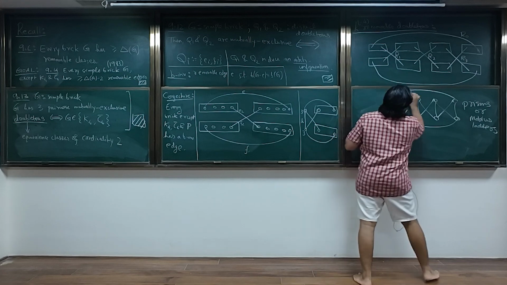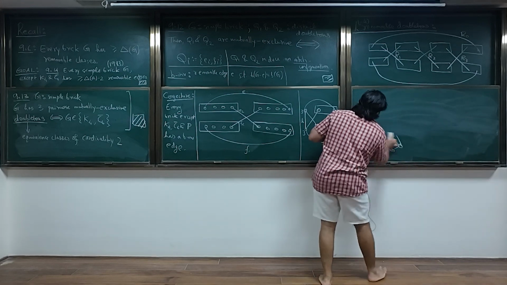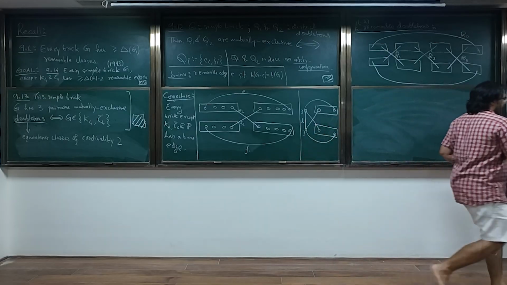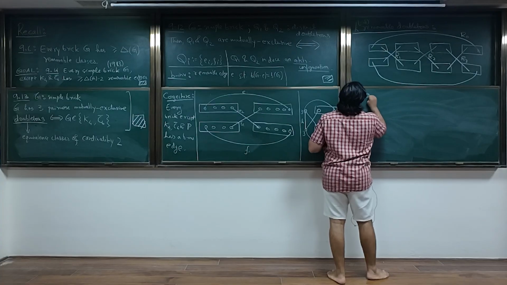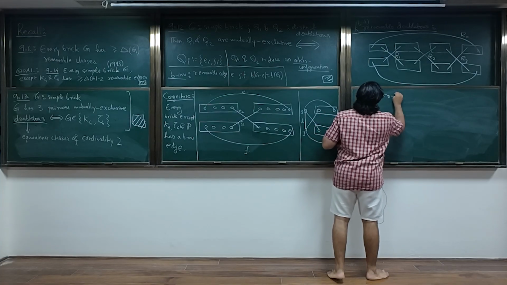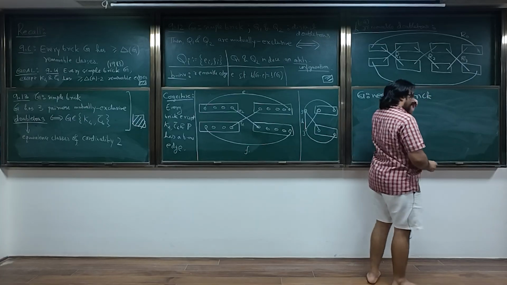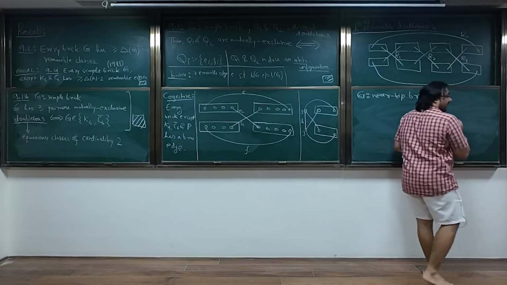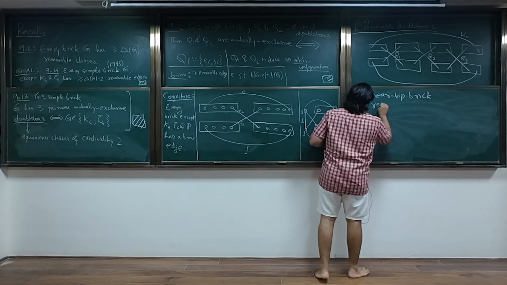So, if G is a near bipartite brick, recall near bipartite means there exists a removable doubleton. So let me fix a removable doubleton R.